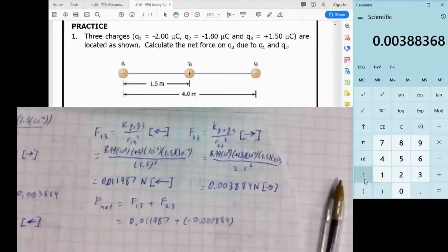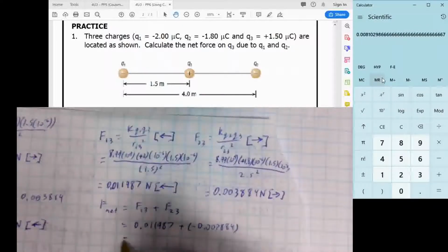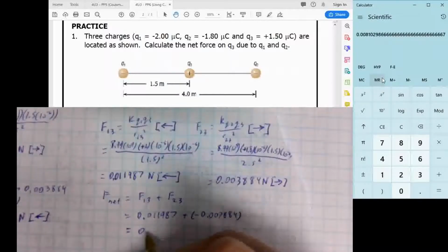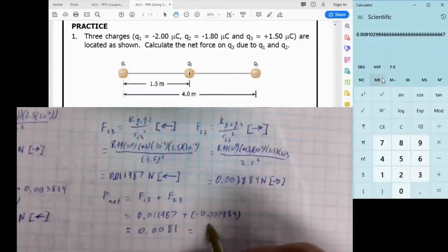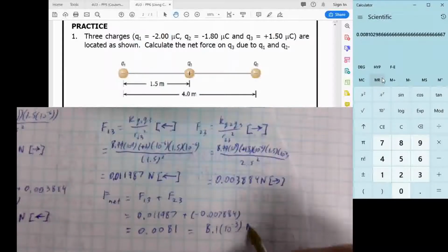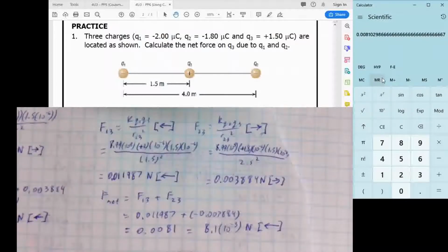So this value here, I'm going to make that negative and add that to what I had in my memory. I end up with 0.0081. I'll just stop there for two significant digits, which can be written as 8.1 times 10 to the negative 3 newtons to the left, which is my answer for this question.